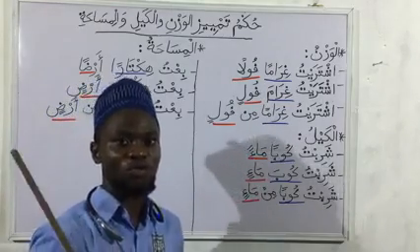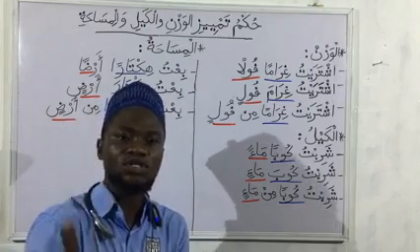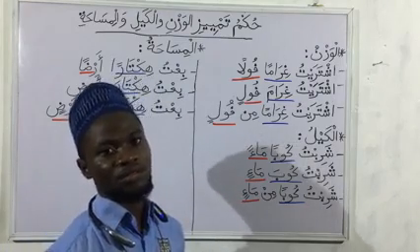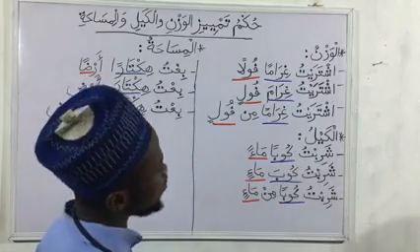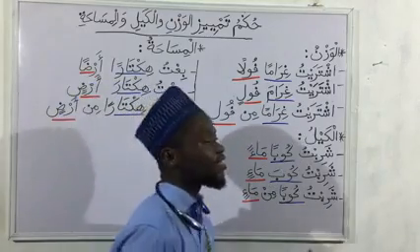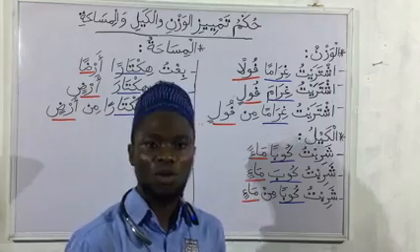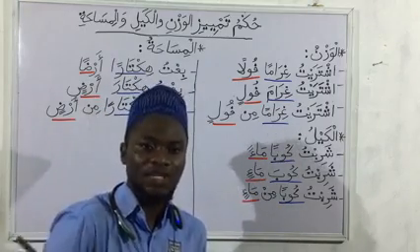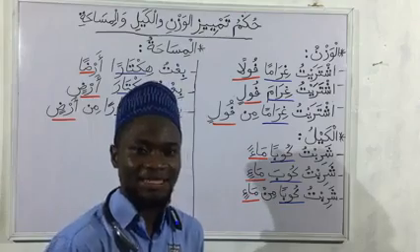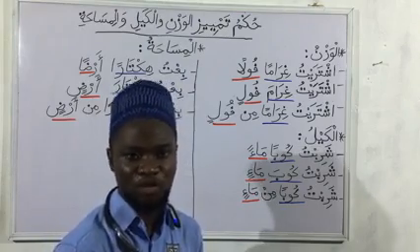Waznu is those words that denote weight, like kilogram, like gram, and all other units of weight. Then kail is used to denote quantity, when we measure quantity, and the noun of the kail will be determined by that specific thing that we use to measure.